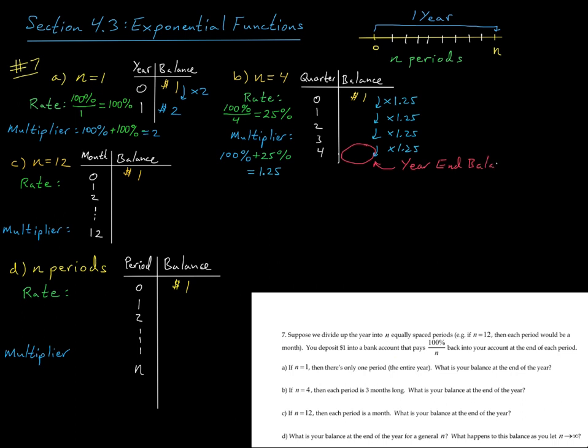To compute it, we take our initial balance of $1, and then multiply by this 1.25 4 times. Or put another way, we raise this 1.25 to the 4th power. When you do that, you're going to get about $2.44.